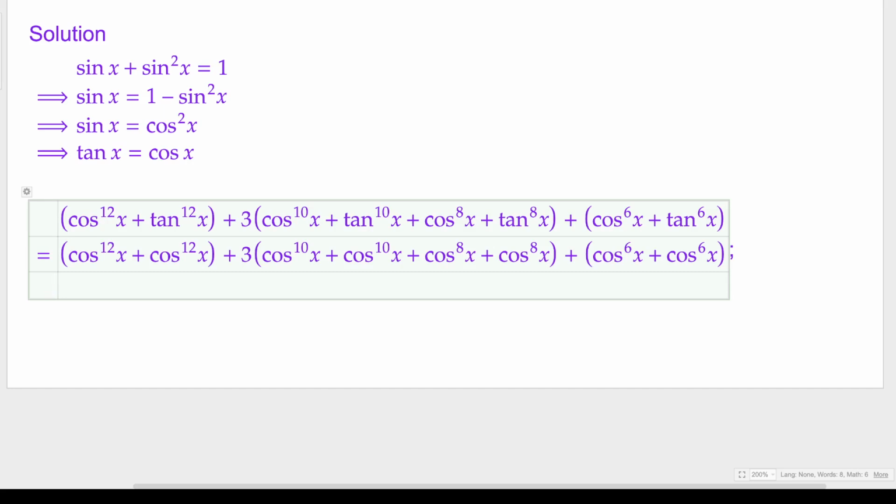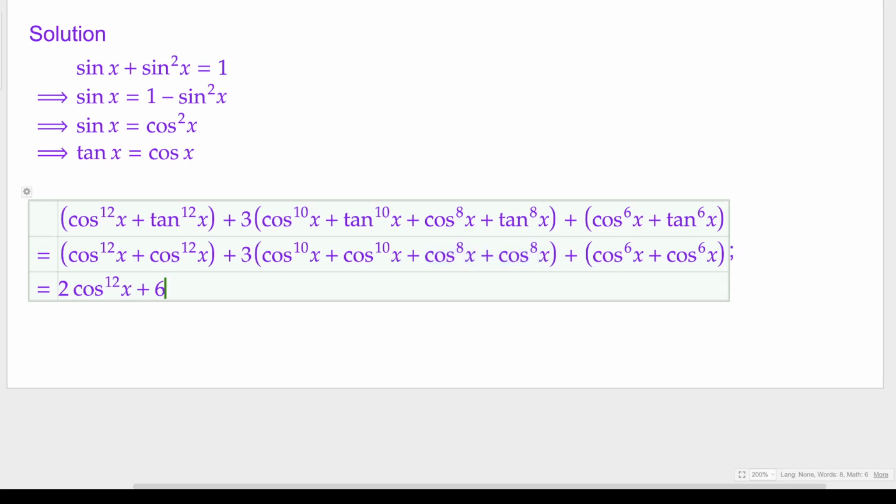Now in this step, this will be written as 2 times cos x power 12 plus, now if you observe here, this is 3 times, so here already this will be 2 times, right? So if I resolve this part, this will be 2 times cos x power 10 and this will be 2 times cos x power 8.